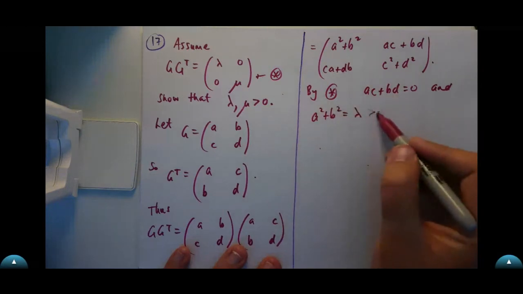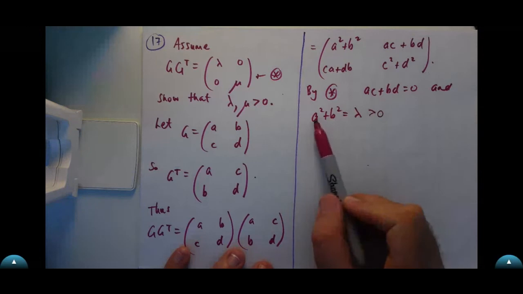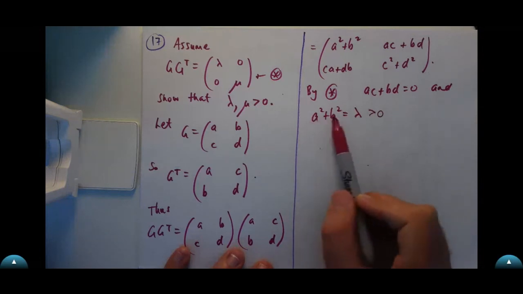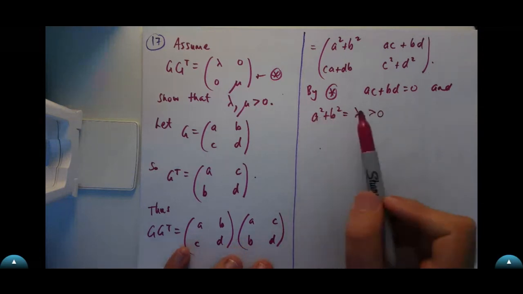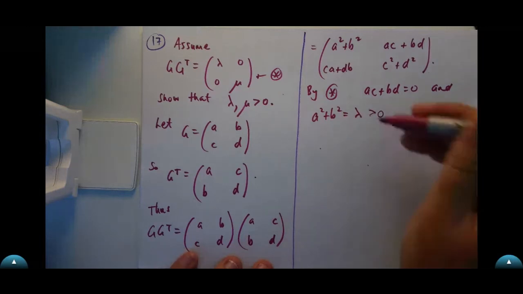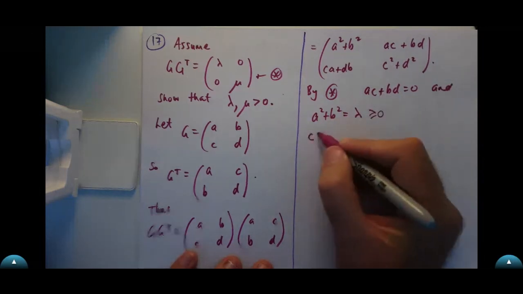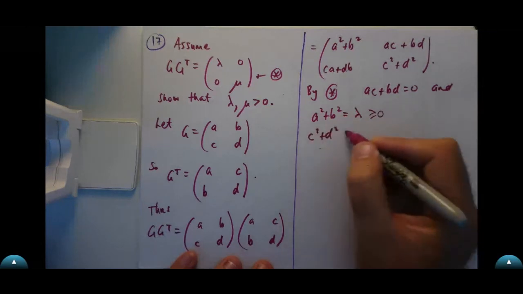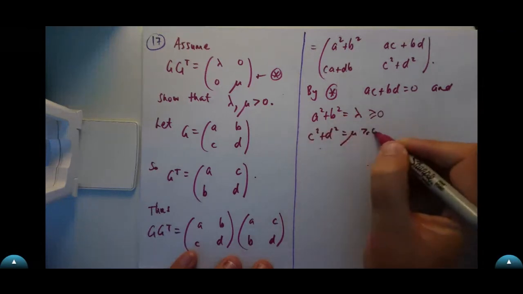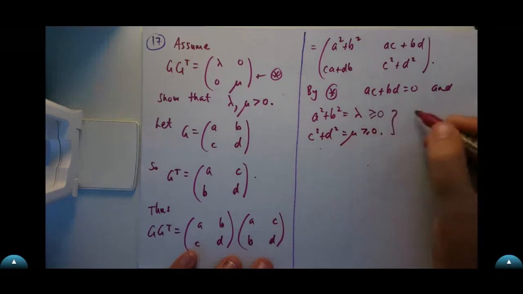And we know that that's greater than 0. Why? Because the sum of squares are greater than or equal to 0.